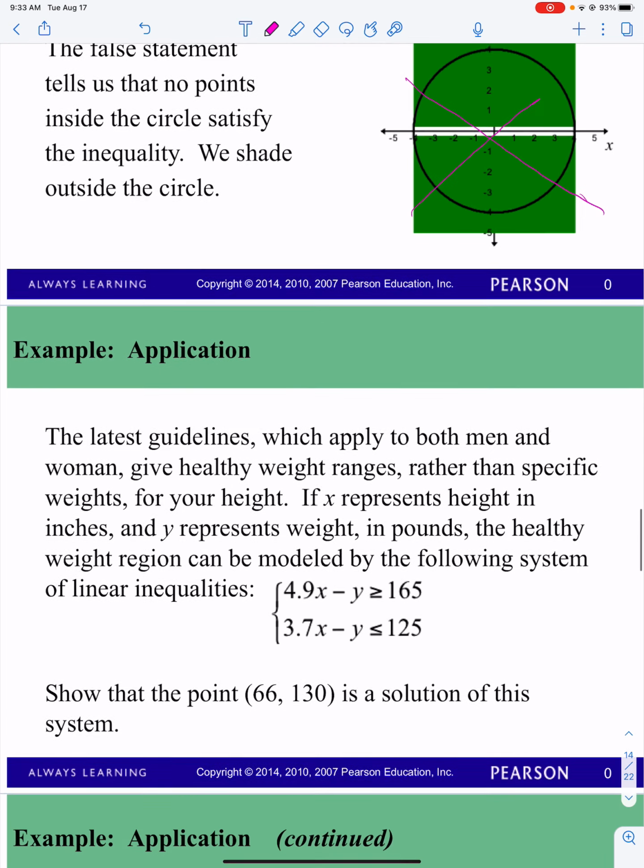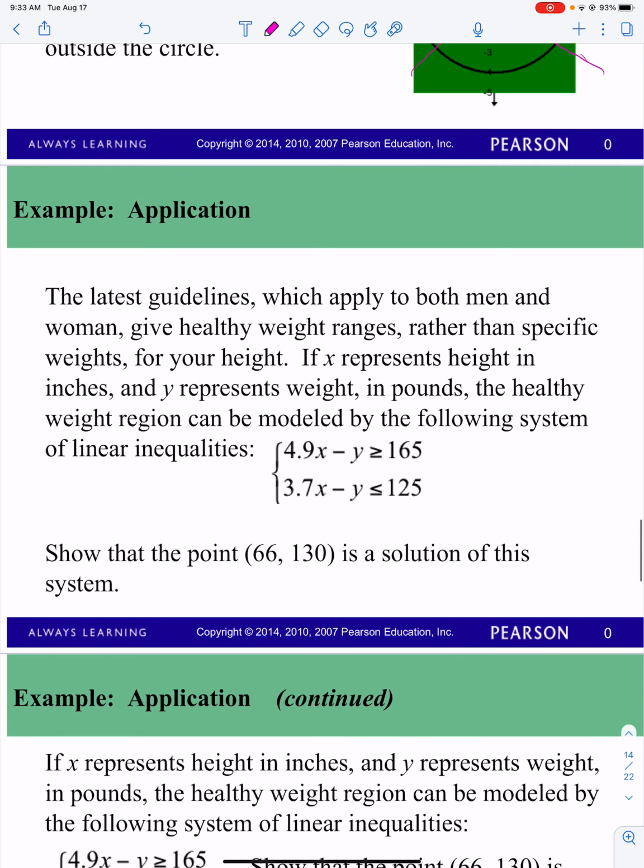Okay? So we want an application question. The latest guidelines, which apply to both men and women, give healthy weight ranges rather than specific weights for your height.